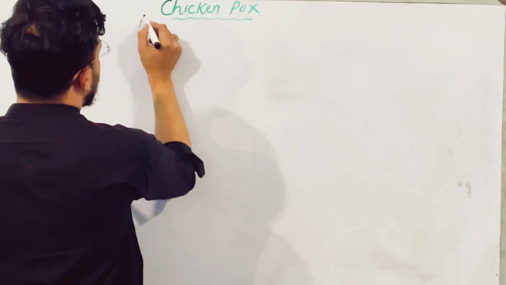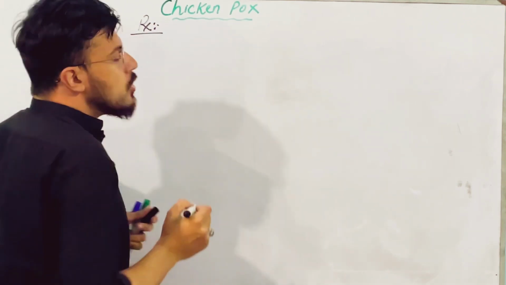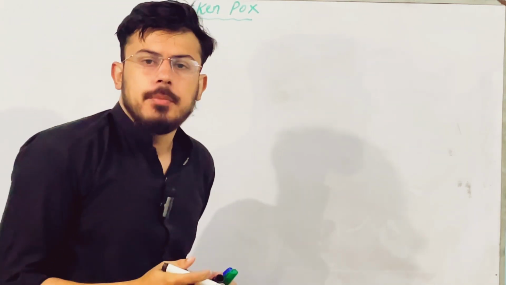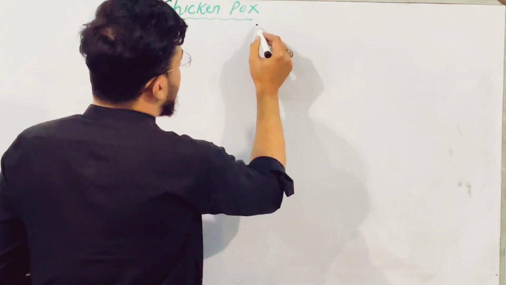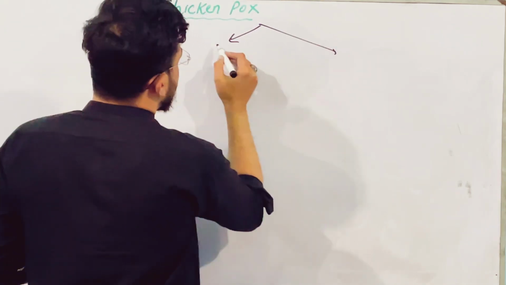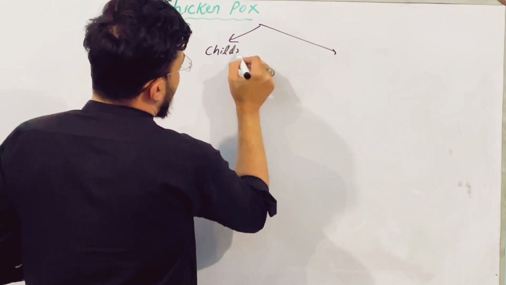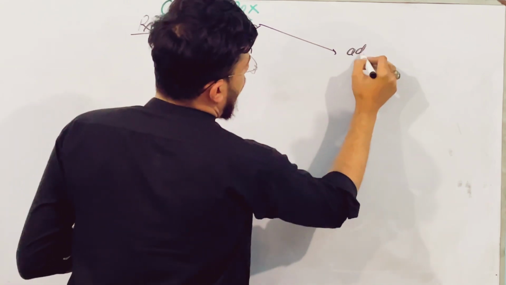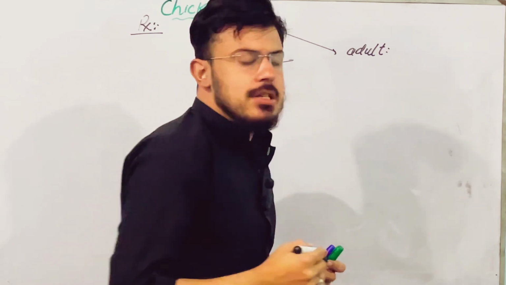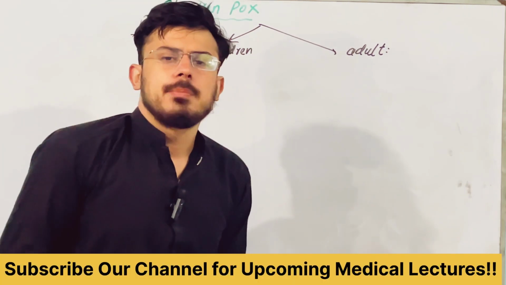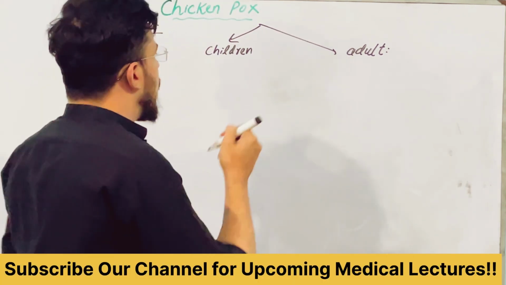Treatment options. How will you treat chickenpox? Based upon treatment, we categorize chickenpox into two categories: for children and for adults. For children, we don't do any specific treatment, we do supportive care.